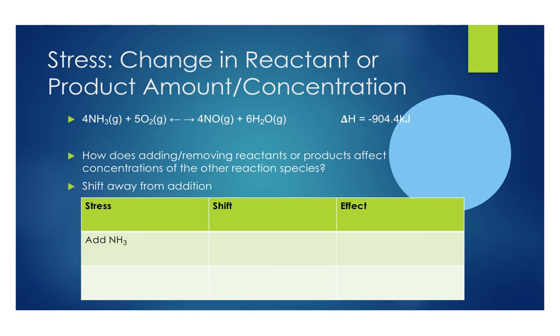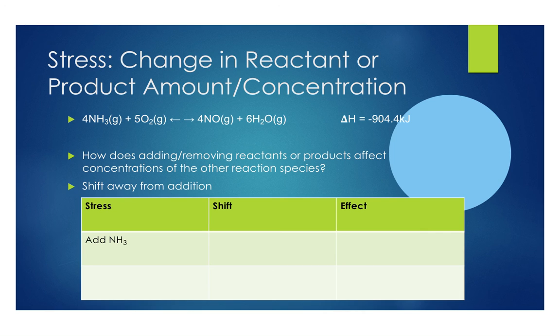We're going to start out with a change in the reactant or product amount or concentration. The question we have here is, how does adding or removing reactants or products affect the concentration of the other reaction species? The concentrations change because the reaction is going to shift away from addition.